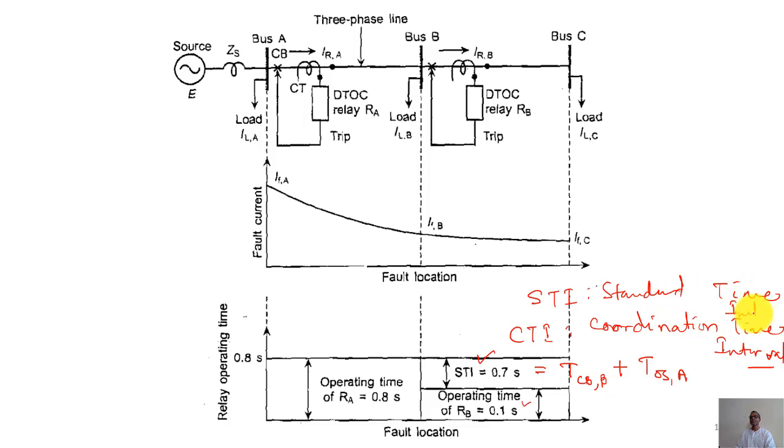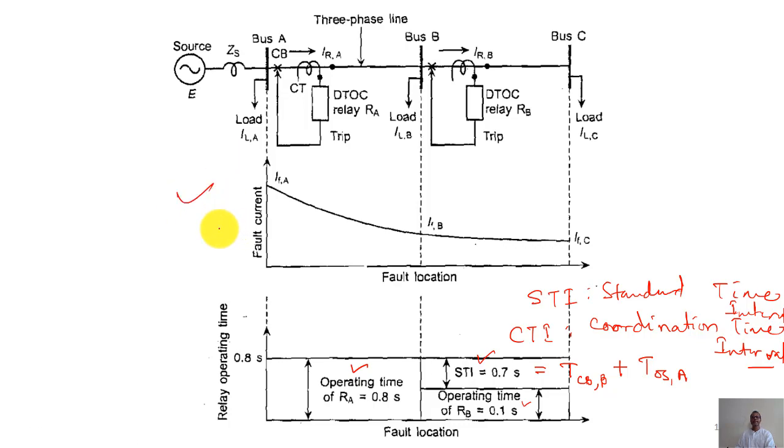Now adding these values, we see the operating time of relay A will be 0.8 second minimum. This is your fault location where the fault is happening. This is your definite time relay coordination.